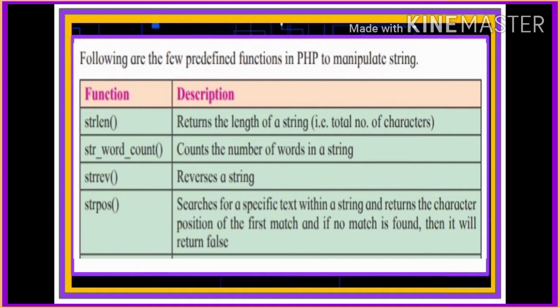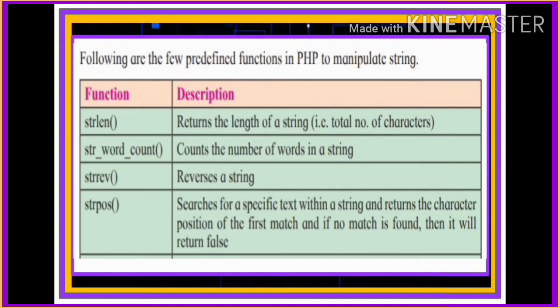First function is strlen function. This strlen function returns the length of a string, that is total number of characters. Second function is str_word_count. It counts the number of words in a string.